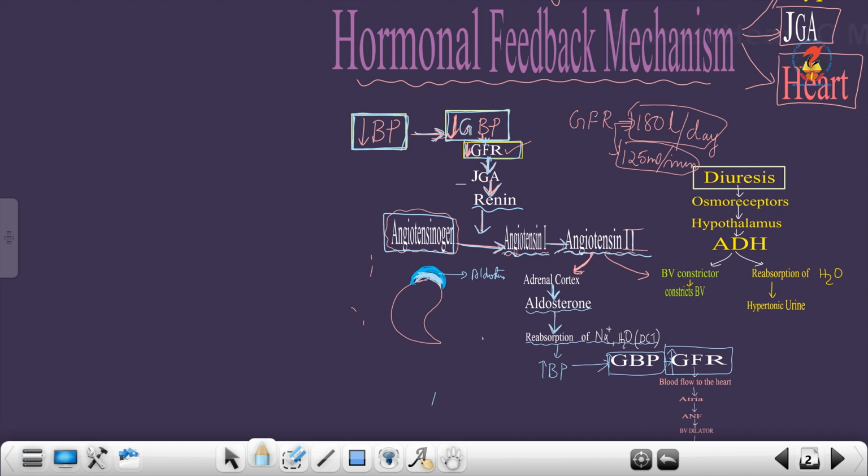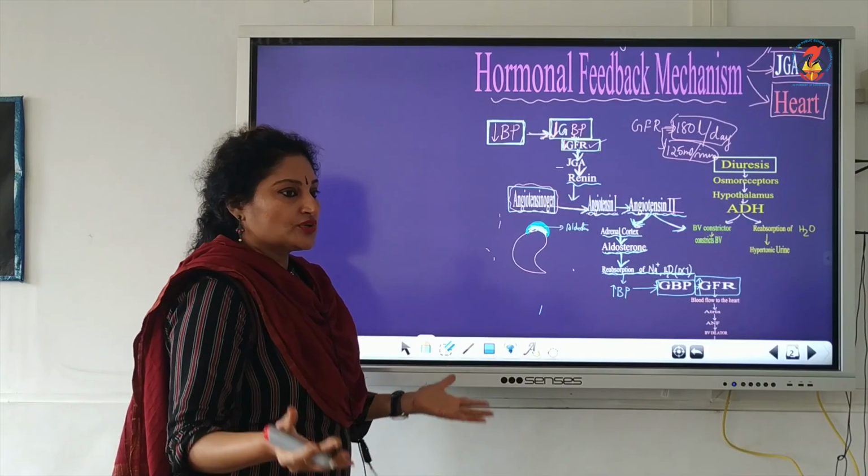The angiotensin 2 has a twofold effect. So, I am bifurcating two arrows. First we will see the first arrow. This angiotensin 2 stimulates the adrenal cortex of the adrenal gland to release the hormone aldosterone, and aldosterone helps in the reabsorption of water and sodium from the DCT. And where is this water and sodium getting collected?